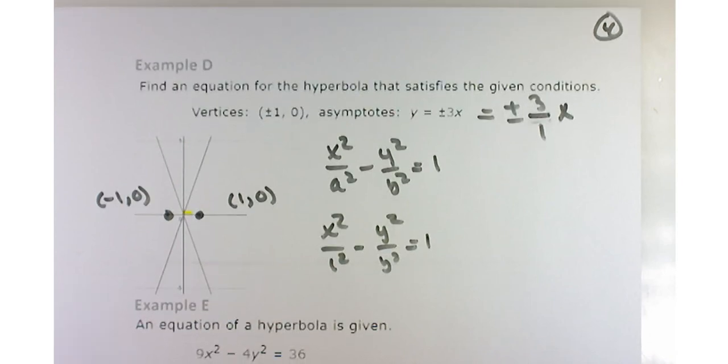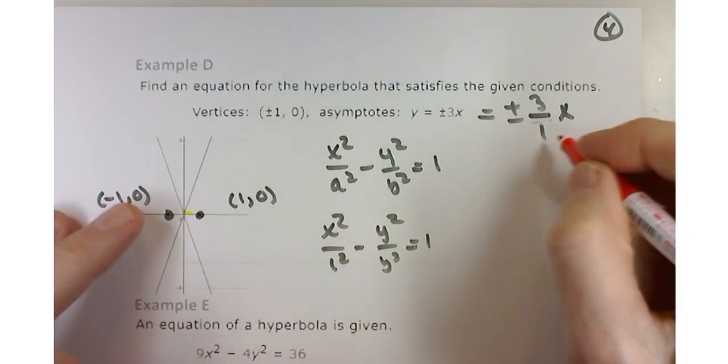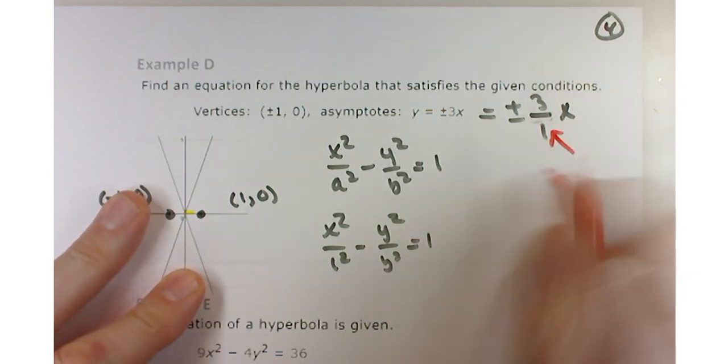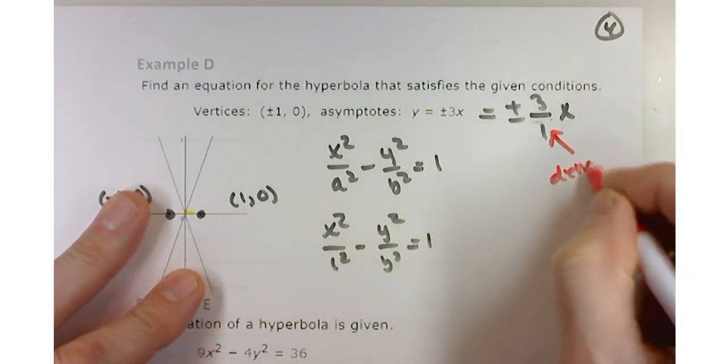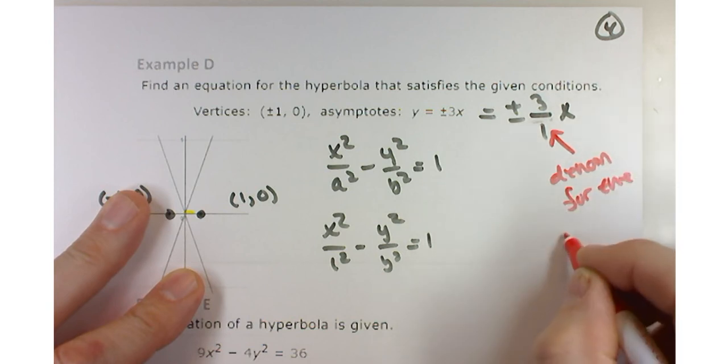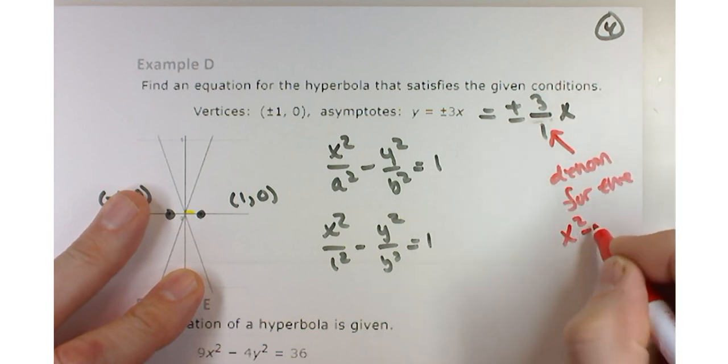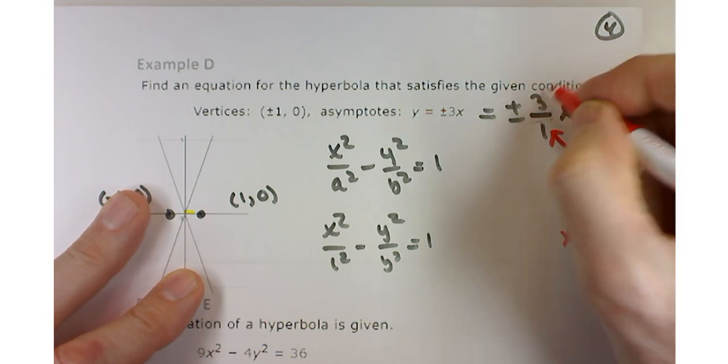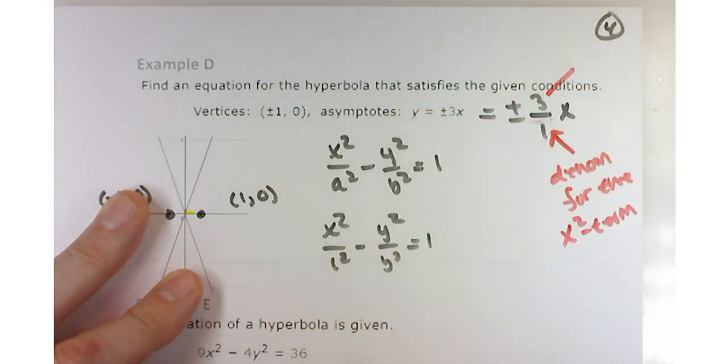And we can actually get the other part of this kind of for free. Remember, this is the denominator for the x squared term, but that is the denominator for the y squared term.